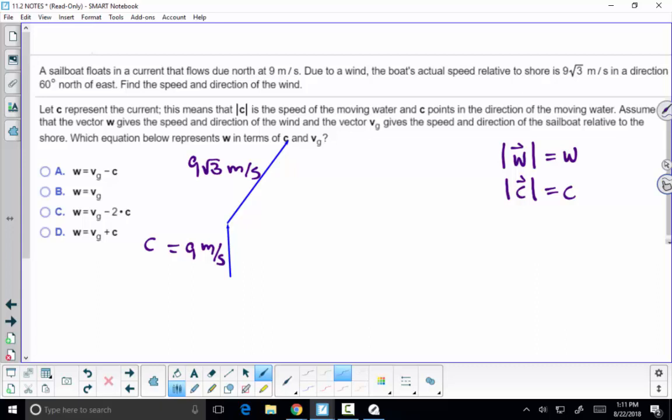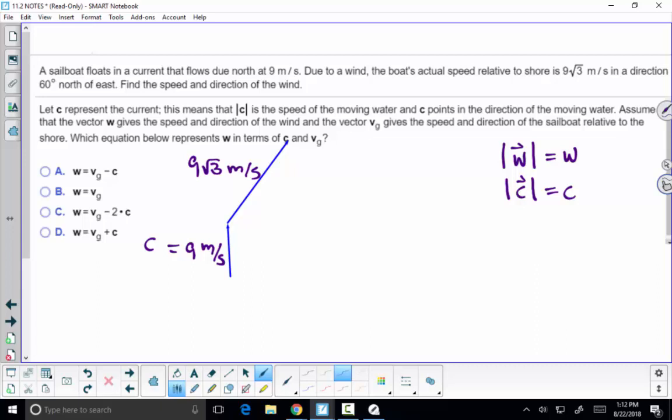So they're saying that the actual speed is 9√3 meters per second in a direction of 60 degrees. So that is actually where we end up. I labeled it W and then interpreted it as W, but it's actually V sub G. We end up moving 9√3. So that is the course after the wind has blown us off of our drift.